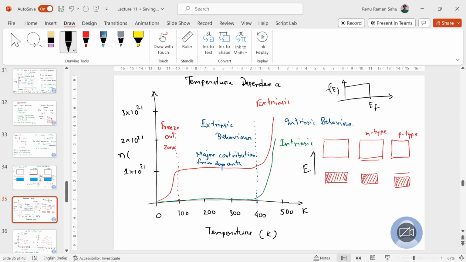You remember this function? Now if I try to plot that here, for this the Fermi energy is somewhere here.